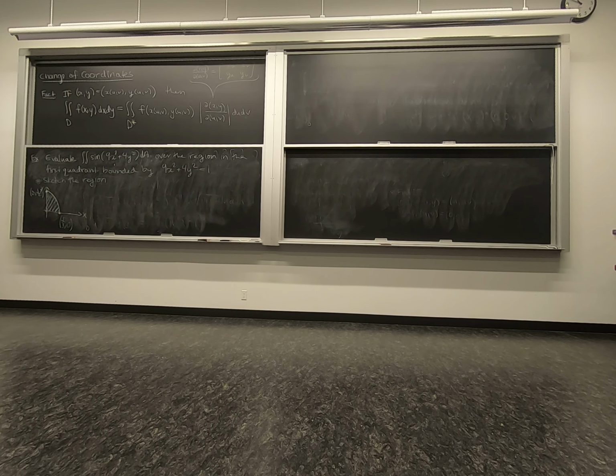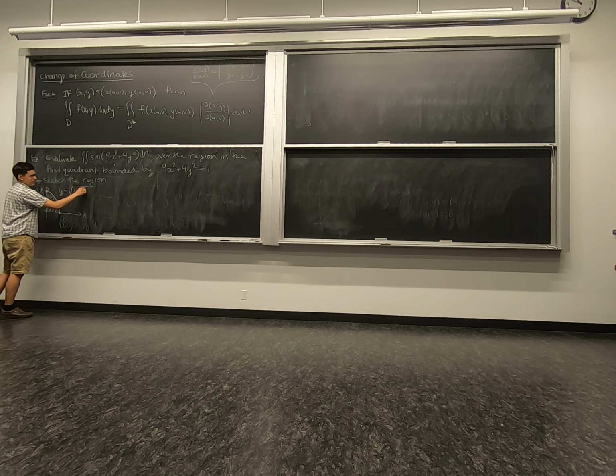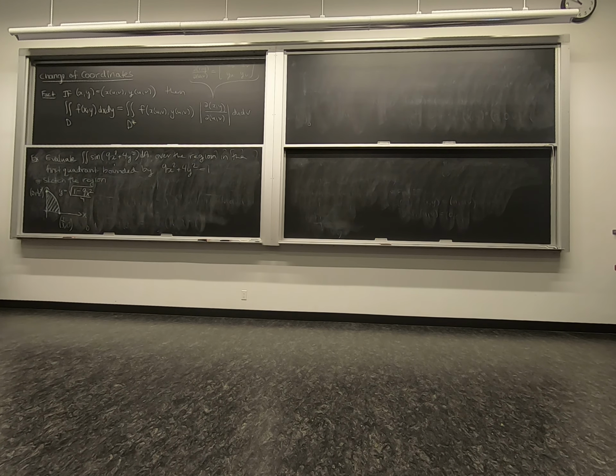If we tried to do this directly, we'd wind up trying to integrate something like this, right? That would be difficult to integrate. You'd have to do some kind of trig substitution, no good.